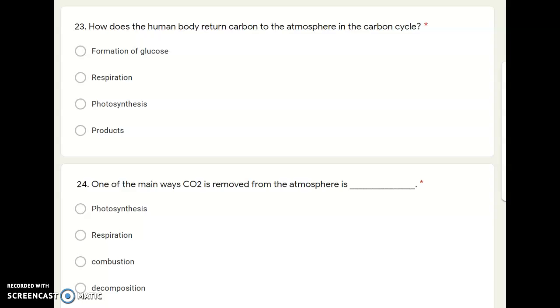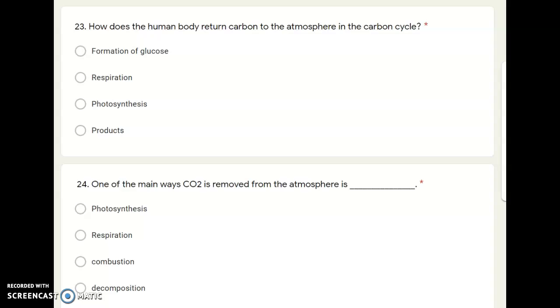Number 23, how does the human body return carbon to the atmosphere in the carbon cycle? Choice 1, formation of glucose. Choice 2, respiration. Choice 3, photosynthesis. Choice 4, products. Number 24, one of the main ways CO2 is removed from the atmosphere is blank.